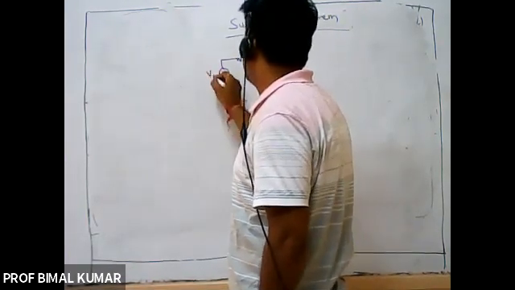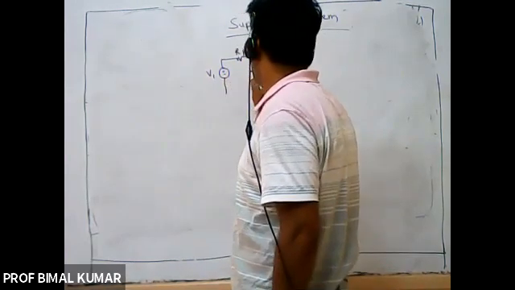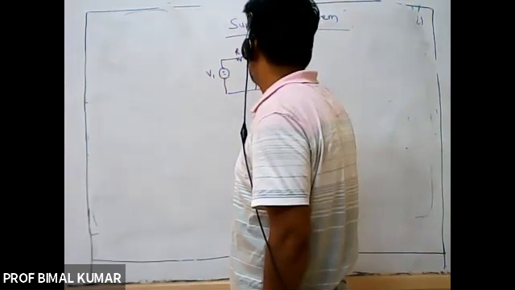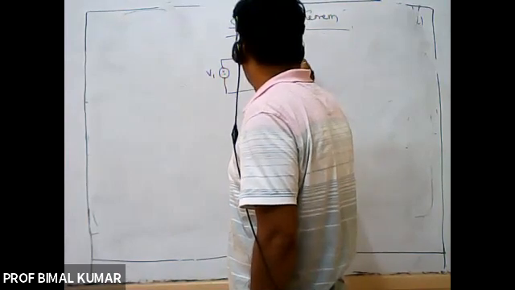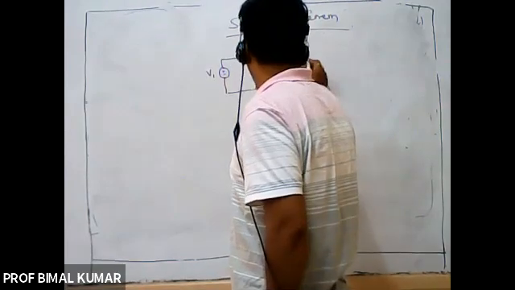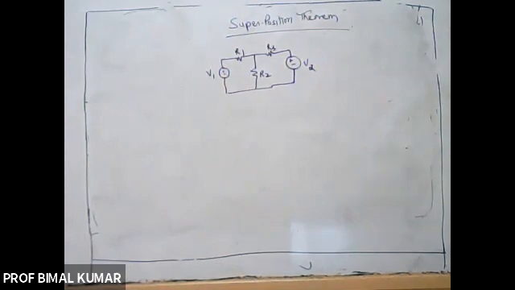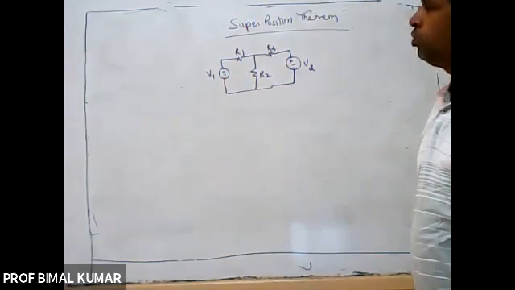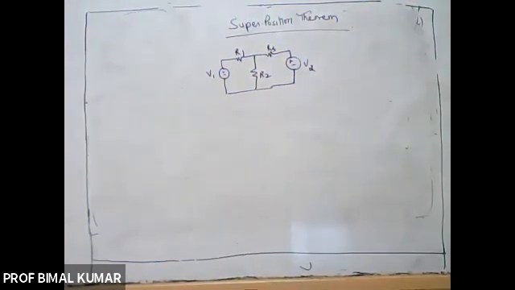I'm taking this V1, R1, R2, R3, and here it will be again another voltage source of the value V2, right? I just want to apply superposition theorem on this network.